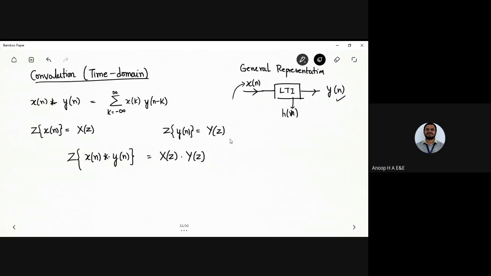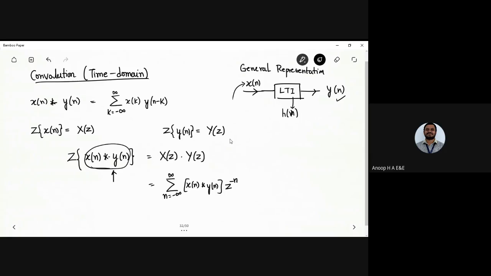Now if I want to take the Z transform of the complete convoluted signal, I can write it in terms of the summation: sigma n equals minus infinity to plus infinity, x of n convoluted with y of n, multiplied with z power minus n.